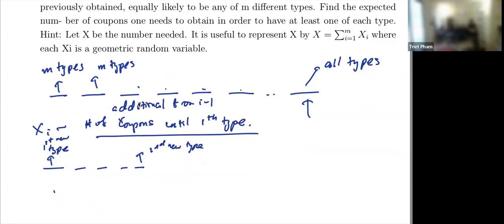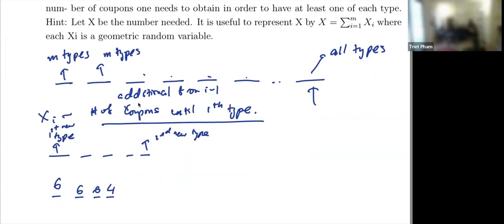So let's say your first roll is a 6. Then you might repeat a 6, who knows, until you see another one, let's say a 4. In that sense, this is your x1. And this is your x2. And then you might repeat until you see a new one. That's your x3. Do you understand?